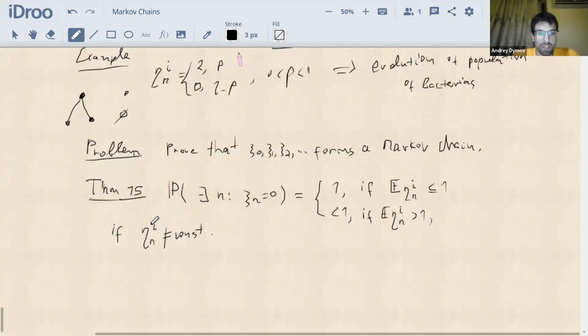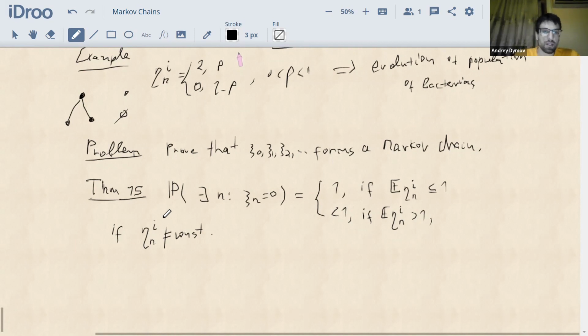If this value is 0, then you will not have any descendants, everybody will die immediately. If this eta equals 1, it means that everybody gives exactly 1 descendant, and then the size of the population will be equal to the size of the initial population. And if it is larger than 1, then you will have exponential growth of the population. So this situation is not interesting.